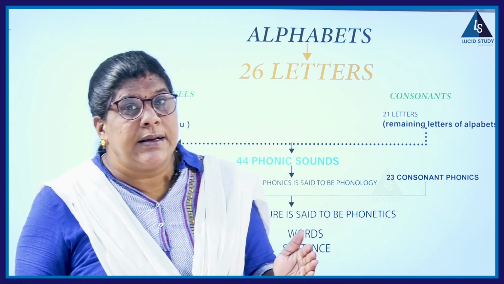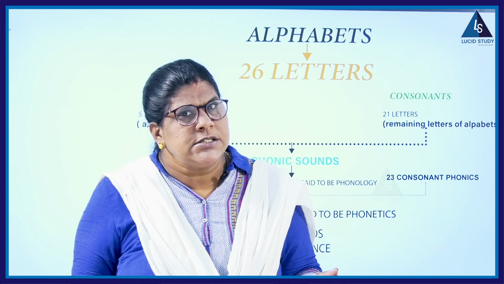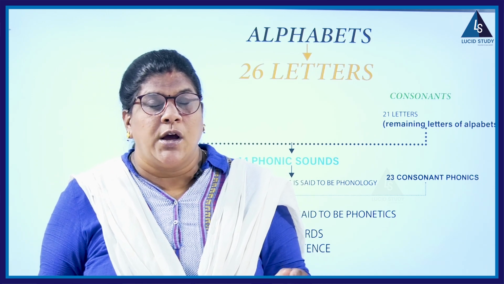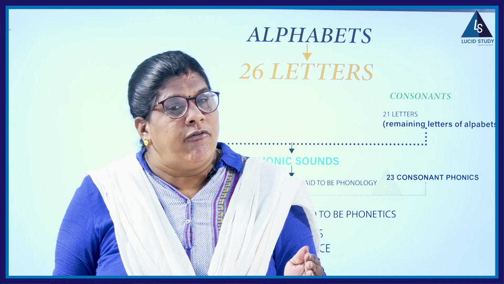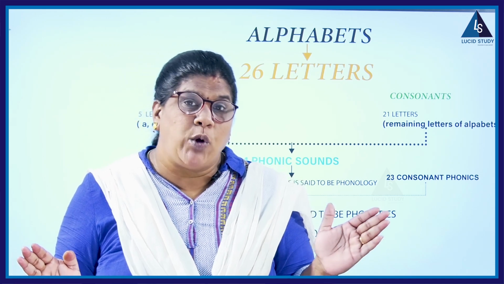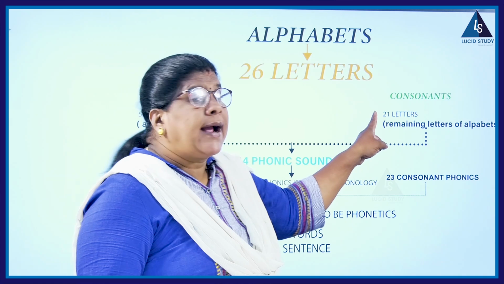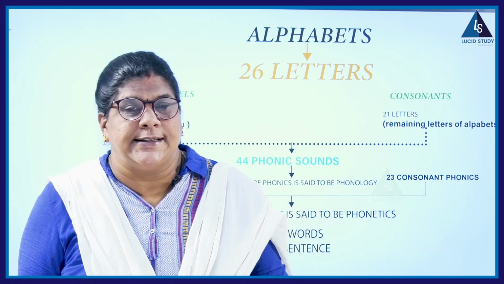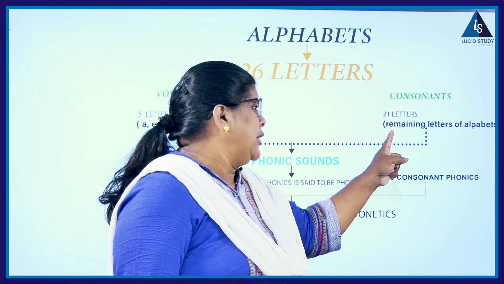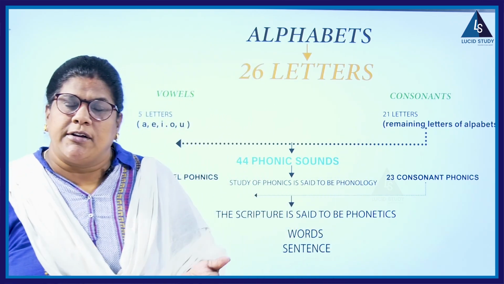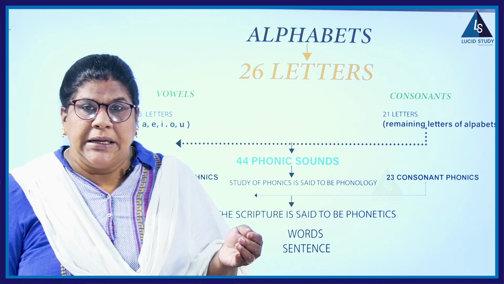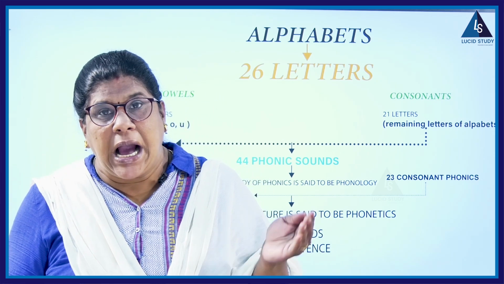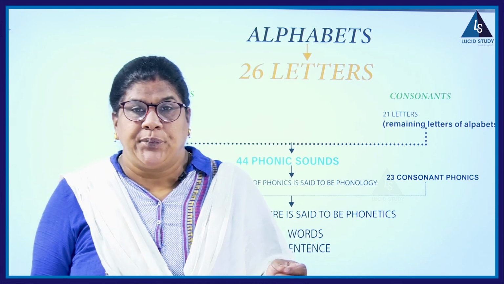And the remaining letters, I said 26 letters. Out of these 26 letters, we have 5 vowels and the remaining 21 letters are consonants. These 21 letters are, for example, B, D, G, H, J.